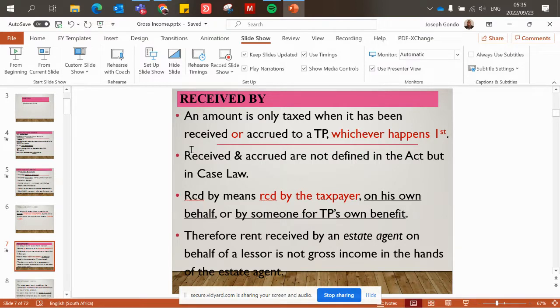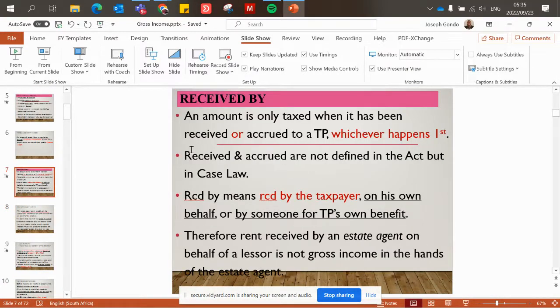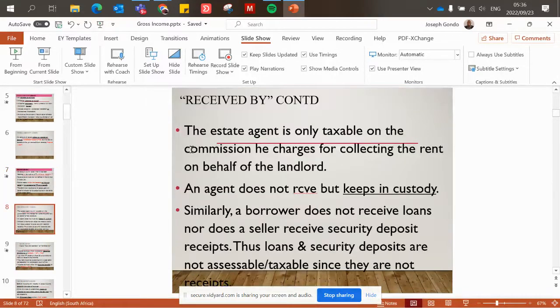They are not received because the agent is going to transfer those funds to you. So Zimra cannot tax the agent, but rather it will tax you. So in this case, the rent would have been received by the agent for your own benefit. So Zimra will tax you instead of the agent.